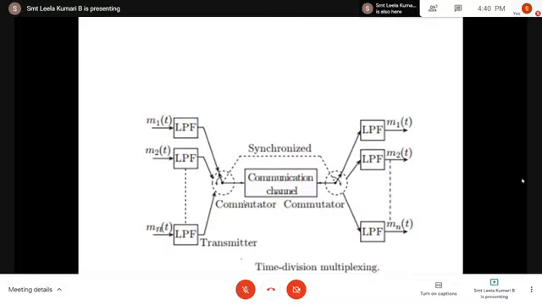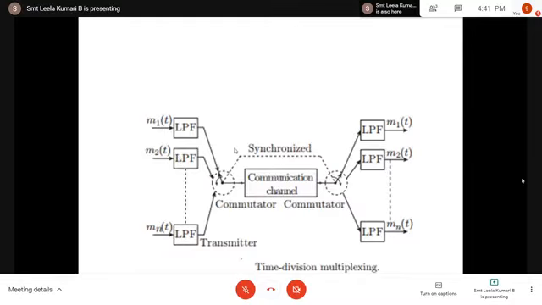But if signals have different bandwidths, then one would need to transmit more samples per second of the signals having larger bandwidths, so different numbers of samples will be transmitted based on the bandwidth.